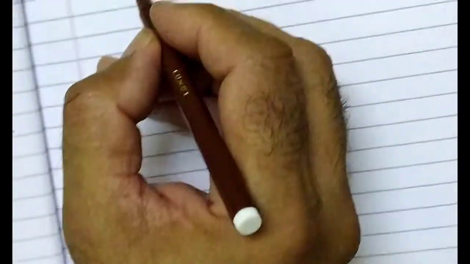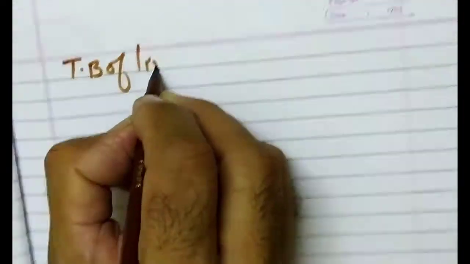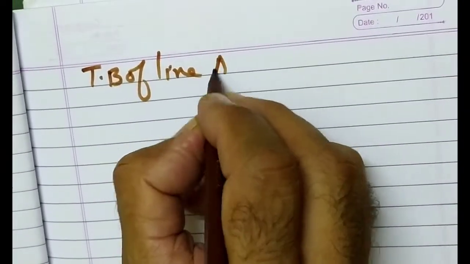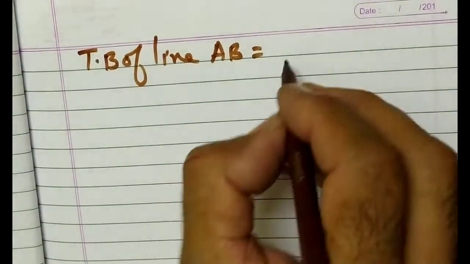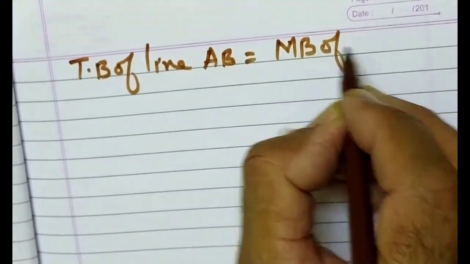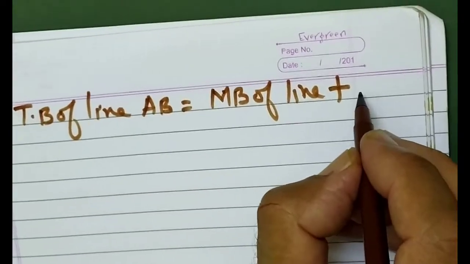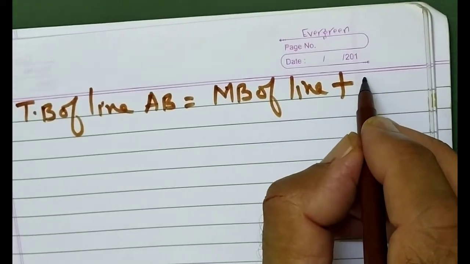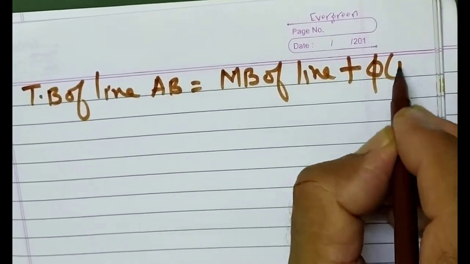So the true bearing of line AB is given by the magnetic bearing of the line plus phi. Here you can use the plus sign because the declination phi is east.